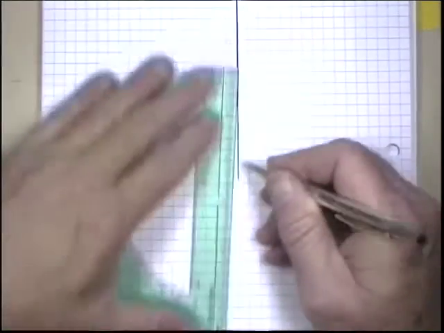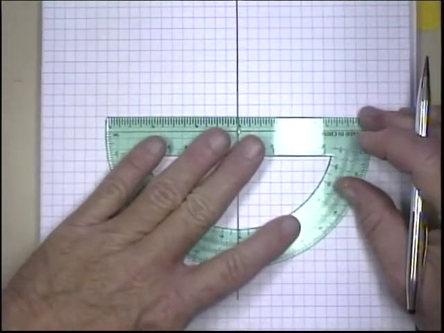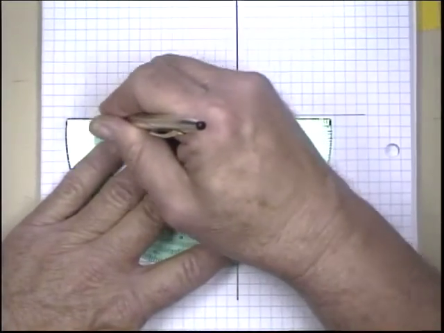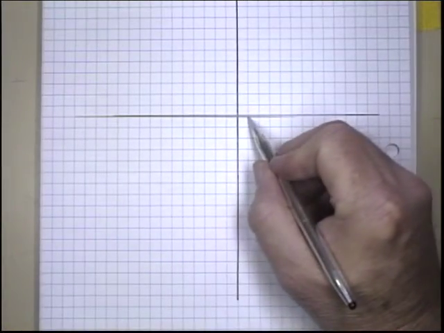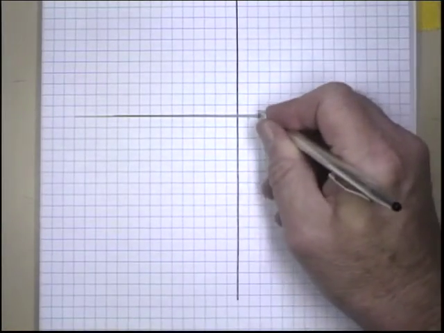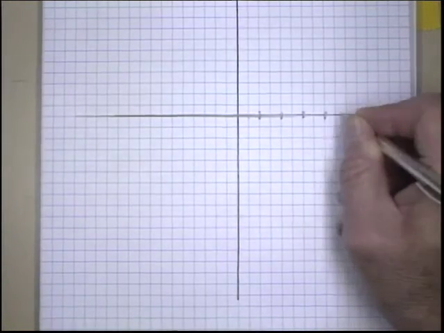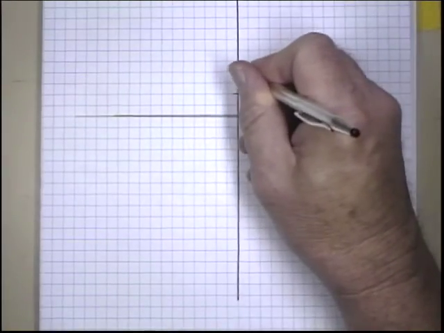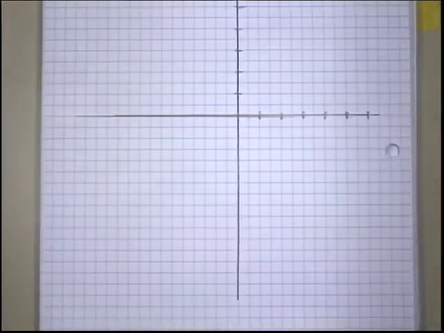So I'll draw a coordinate system here. And I'm going to mark off the grid and use each of these equal to 1. So this would be 1, this would be 2, this would be 3, 4, 5, 6.